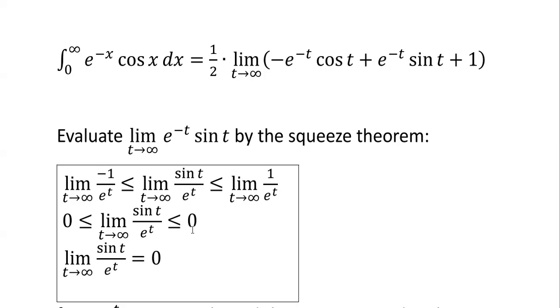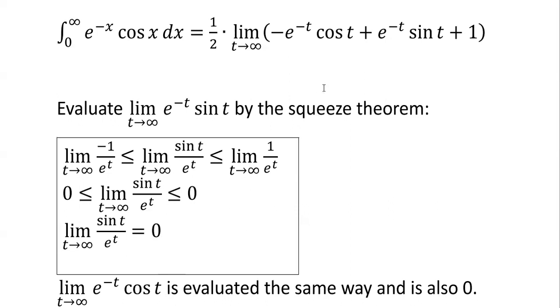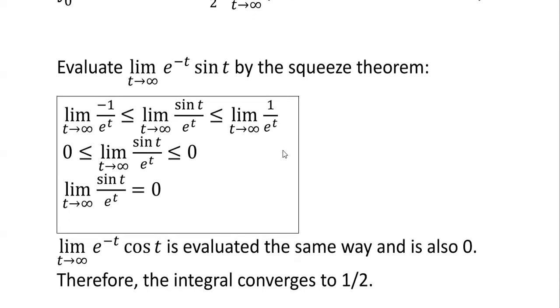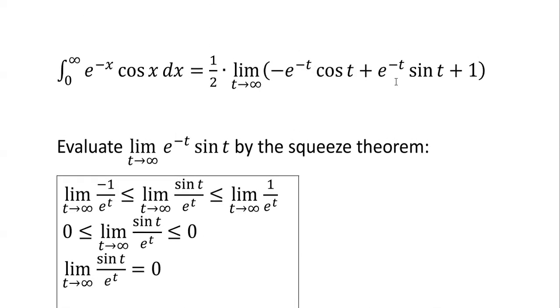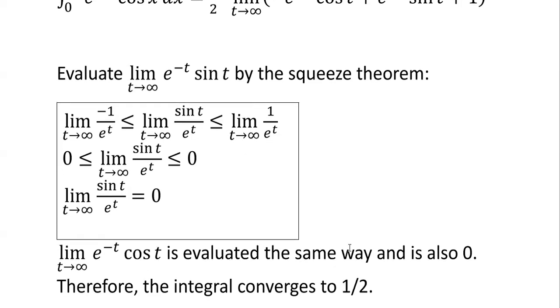Therefore, by the squeeze theorem, the limit of the middle is also 0. And we can evaluate the limit of this guy in the exact same fashion. It's also 0. So therefore, the integral converges to half. Because this is 0, 0, so that limit is 1 times half, it's half. So that's the way to evaluate it directly.